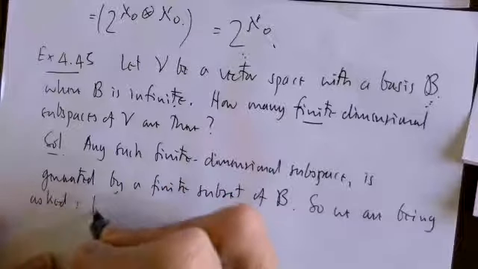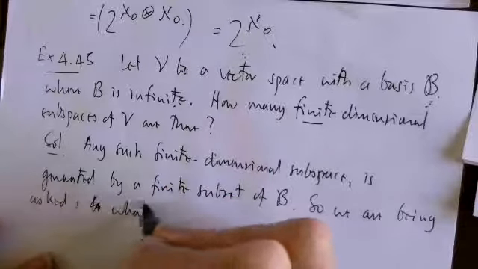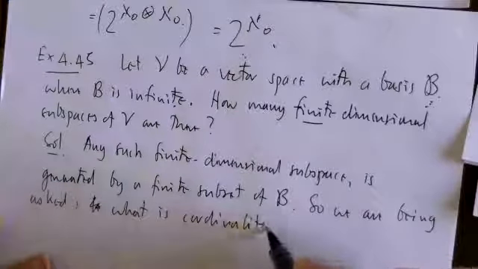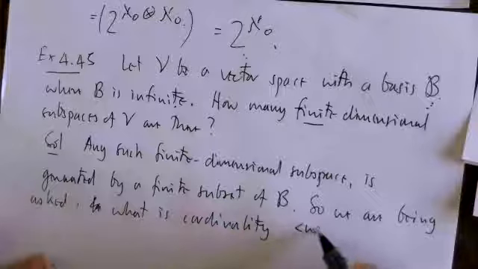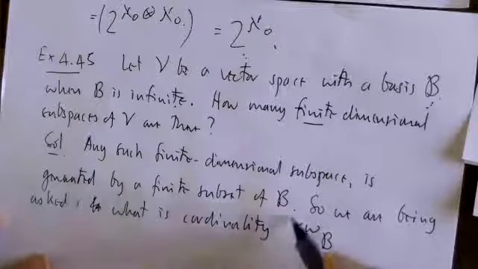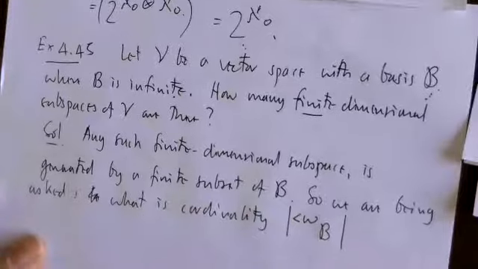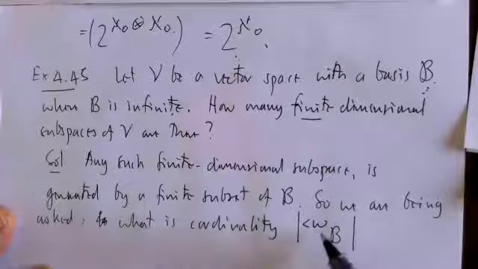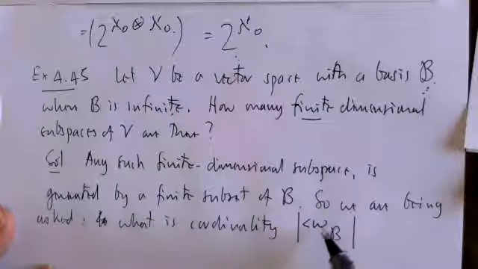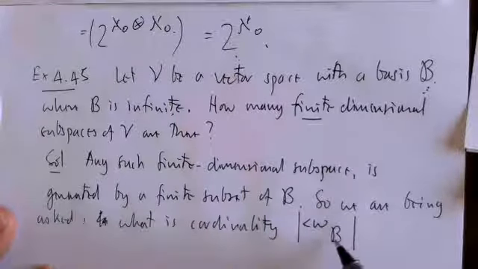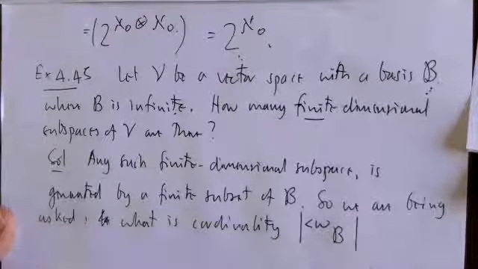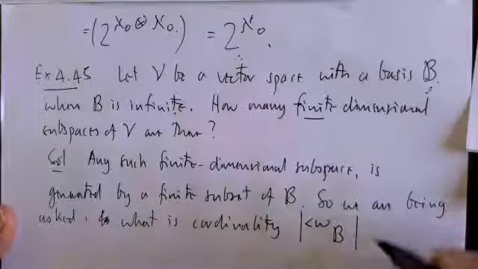So we're being asked, what's the cardinality of the collection of finite maps into B? Recall this is the union of all the maps from n into B. So this will give us n-sized subsets of B. This is all finite subsets of B here. But B is infinite.